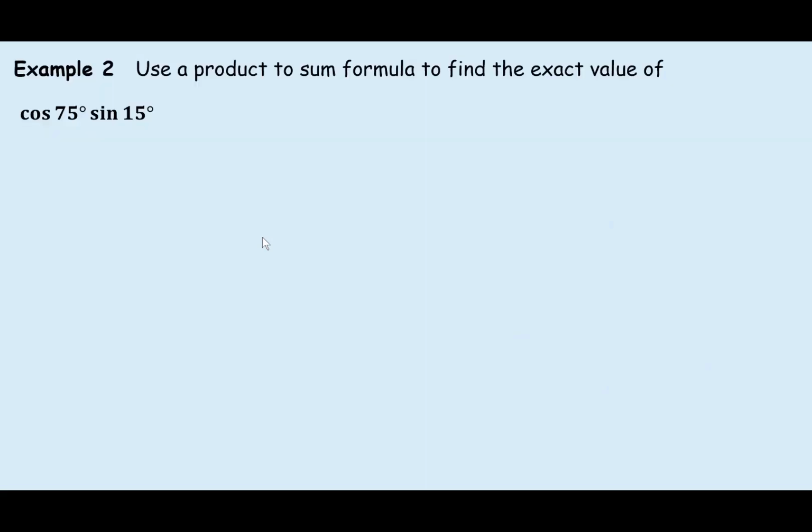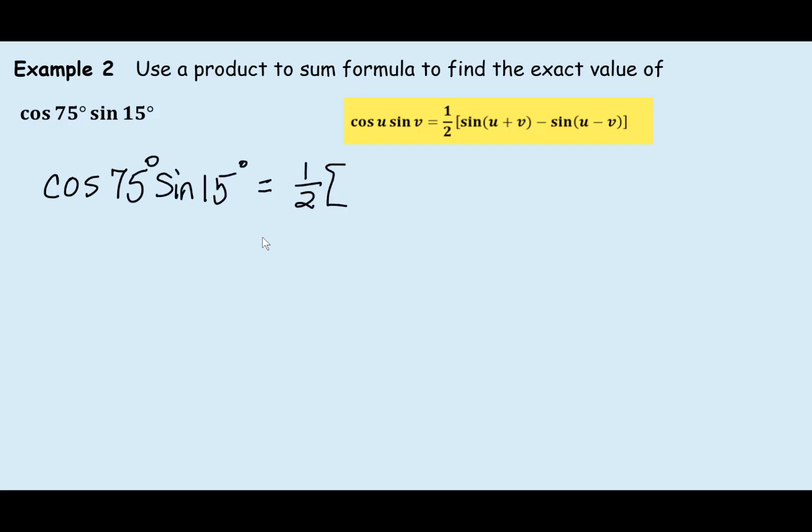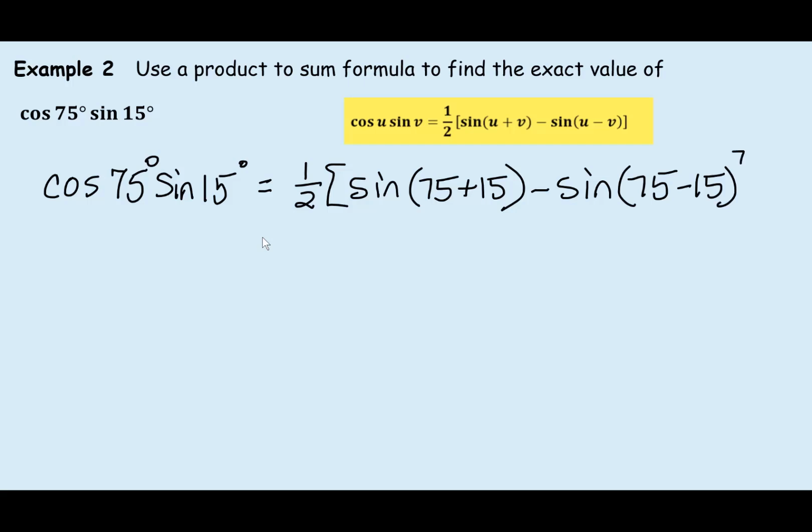All right, use a product to sum formula to find the exact value of cosine 75 sine 15. And so we're going to use the product to sum formula that goes with cosine sine. So cosine 75 sine 15 is equal to 1/2 times sine(u plus v) minus sine(u minus v).